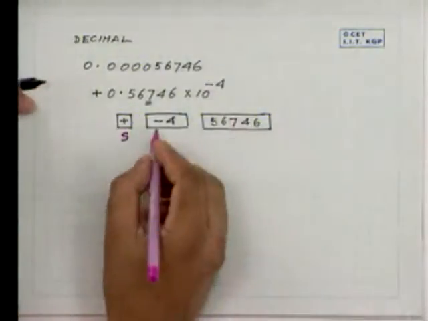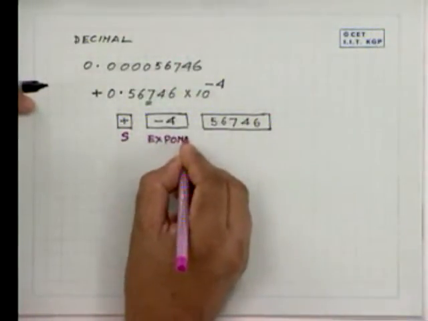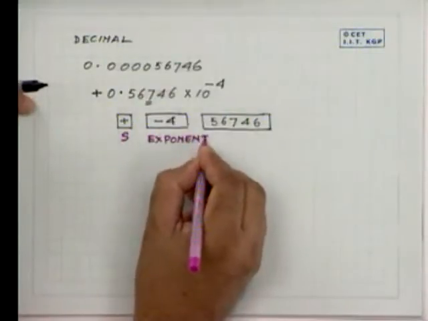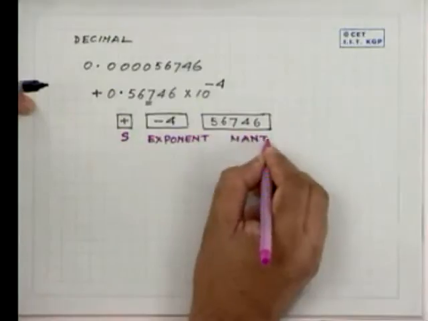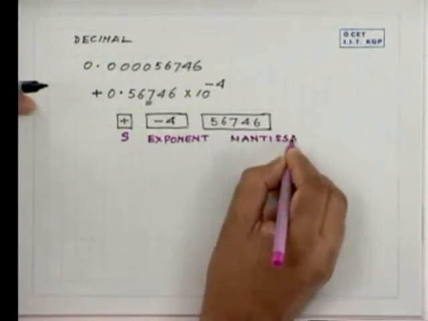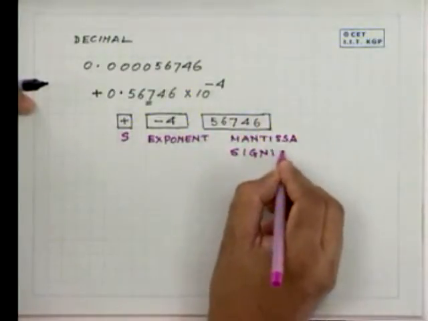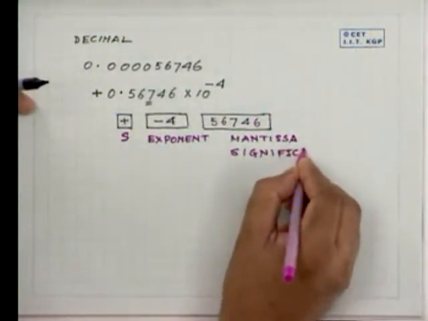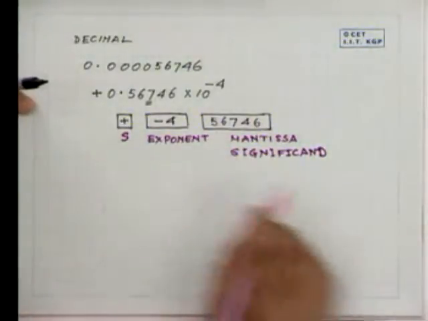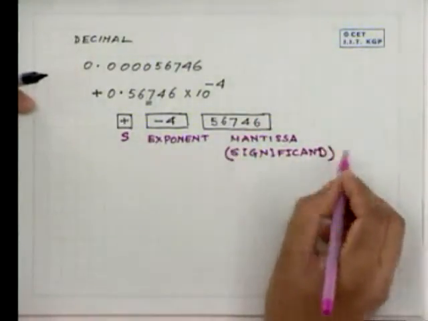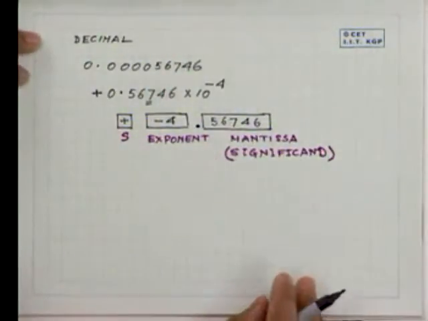We call this the exponent, and we call this the mantissa, or sometimes the significant. The decimal point is assumed to be here, but it's not represented.